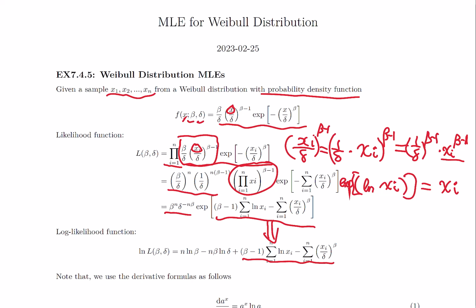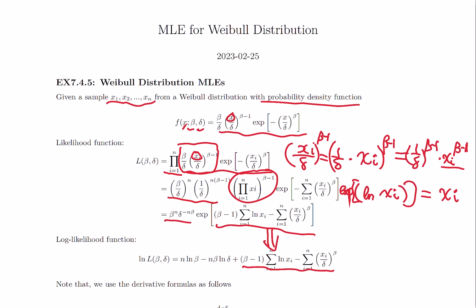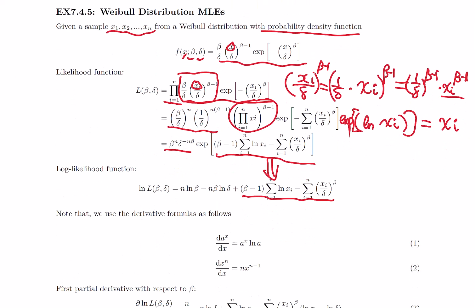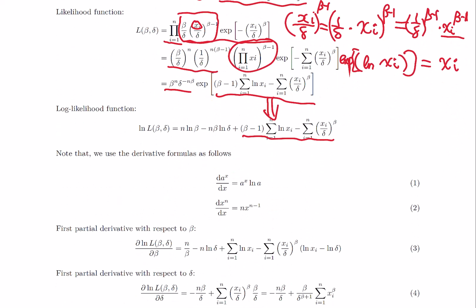After we get the log likelihood function, then we can take the derivatives now. Here we use two formulas. The first one is the rule for a to the power x.